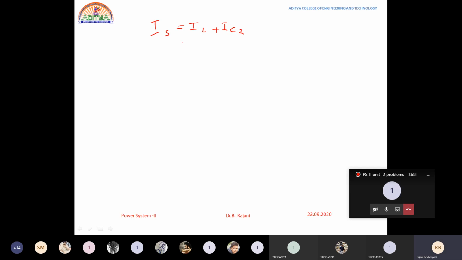What is the line current value we have obtained? 176 minus J66 plus minus 4.0 plus 21.6 J. 21.6 you'll be getting, right?